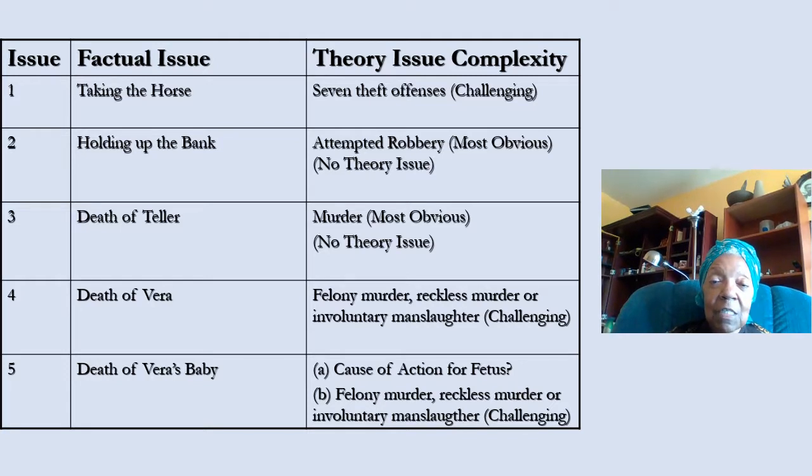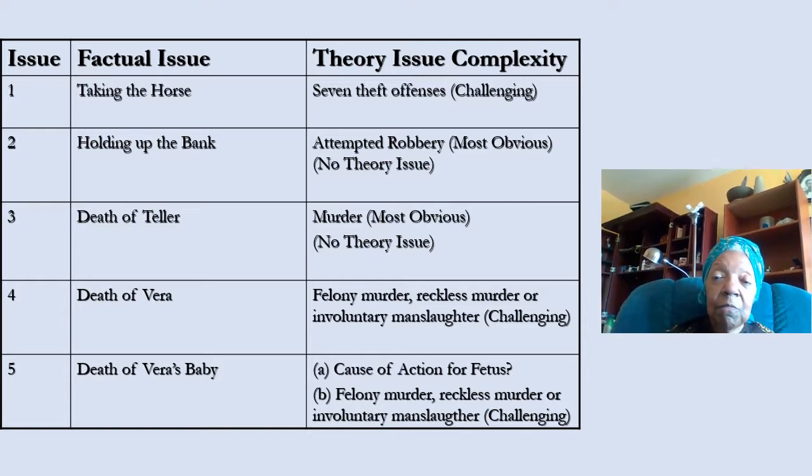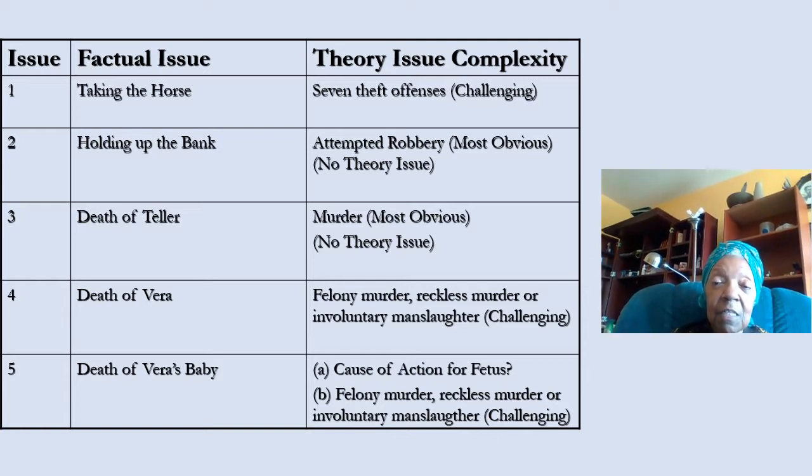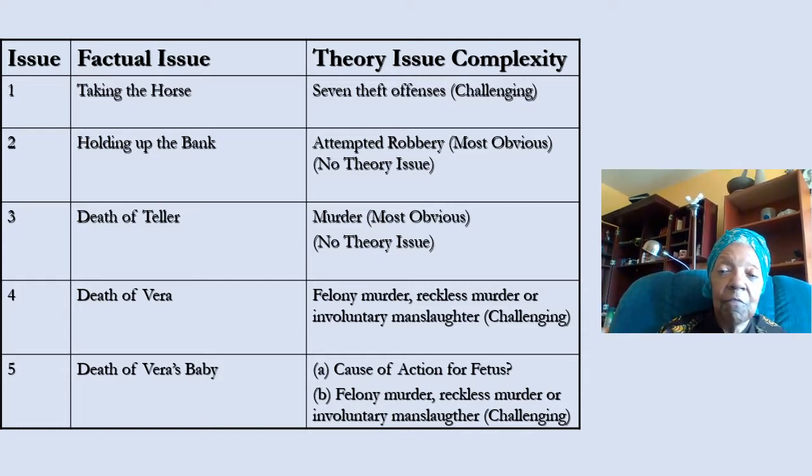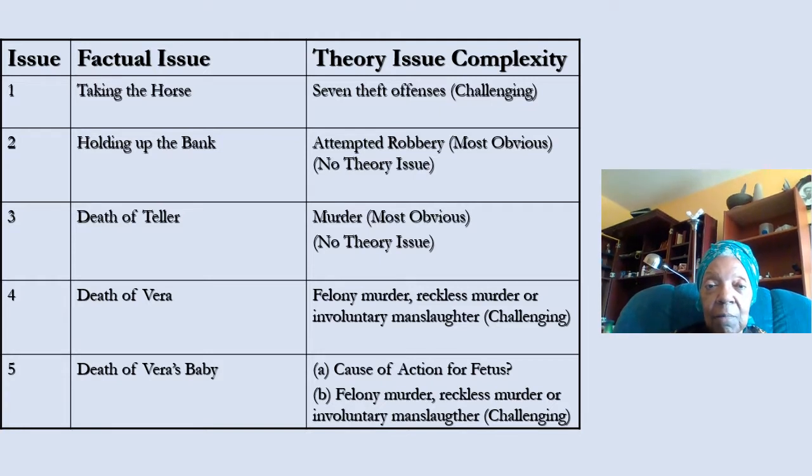We have to discuss the death of Vera and which kind of murder it's going to apply. And for the death of Vera's baby, we have 2 things we have to discuss: whether there's a cause of action for the fetus, and whether felony murder, reckless murder, or involuntary manslaughter applies.